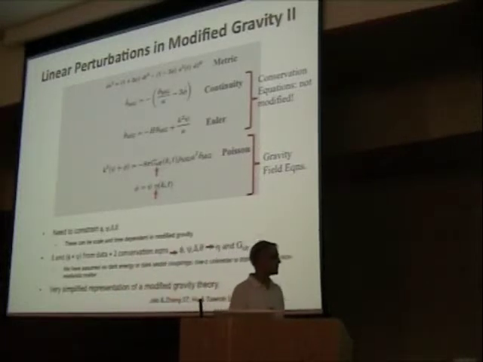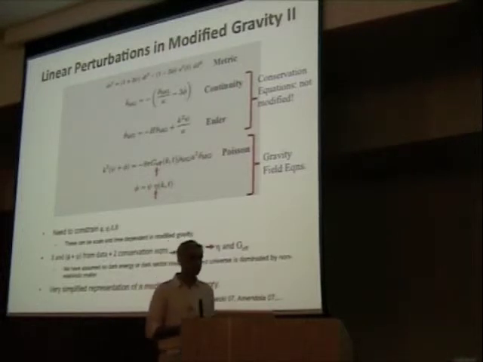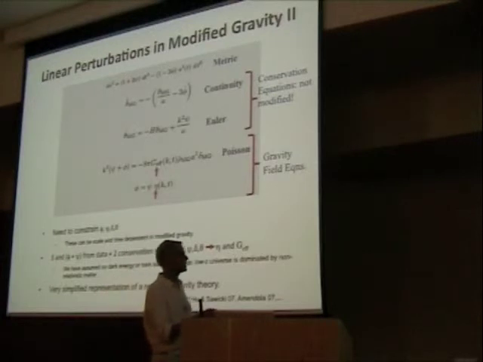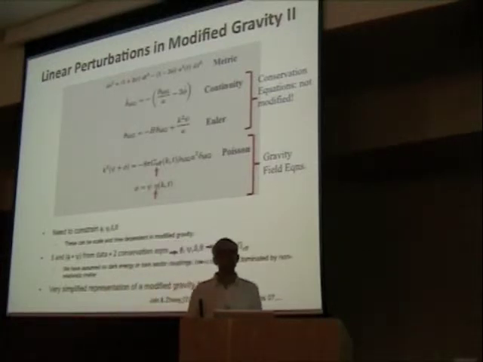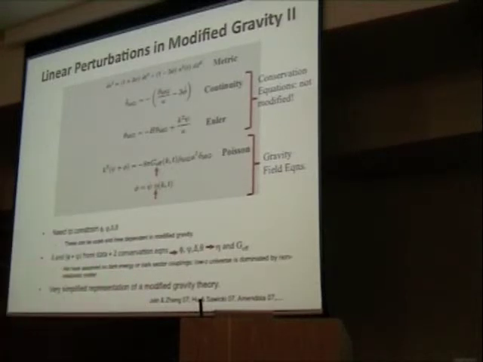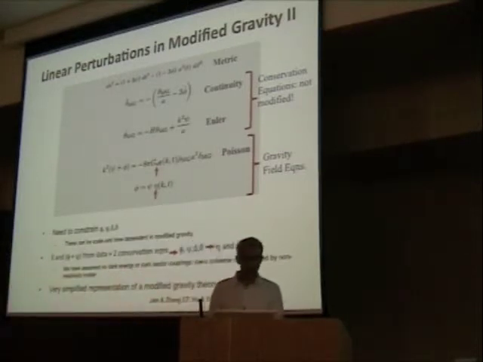Okay, so this is a simplified but still quite general and useful description in which to compare theories to observations. Of course, getting to this point for a modified gravity theory is highly non-trivial. When you modify gravity, you generally have field equations that are significantly more complicated than GR, and so it takes a bit of work to get this stuff.